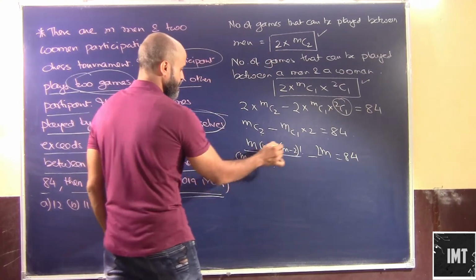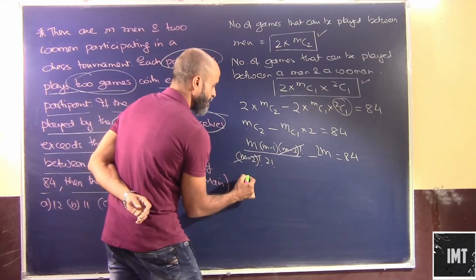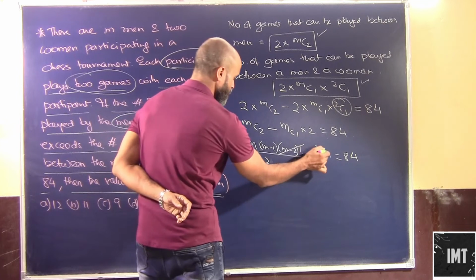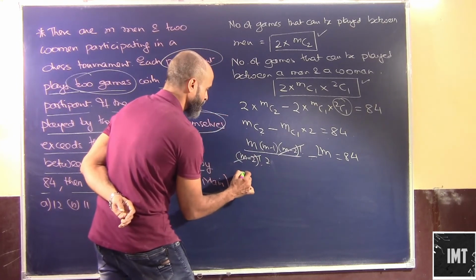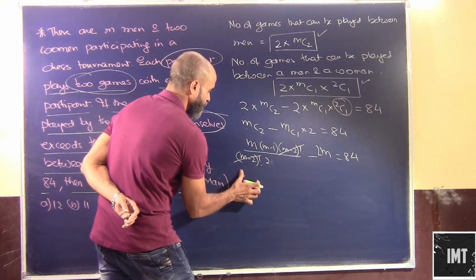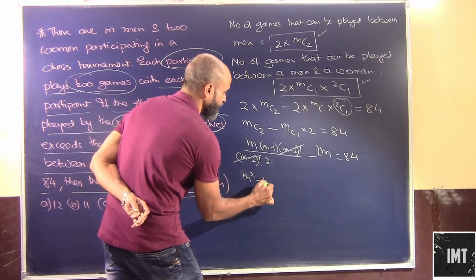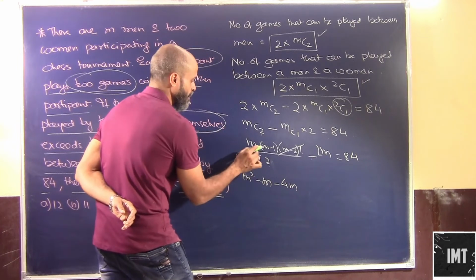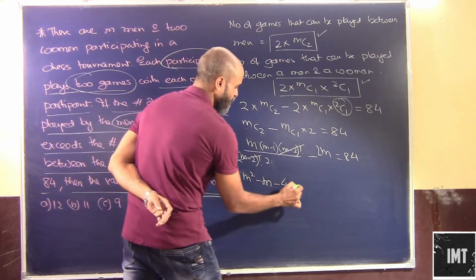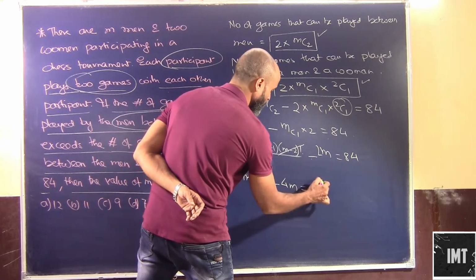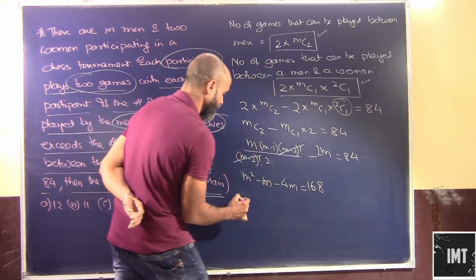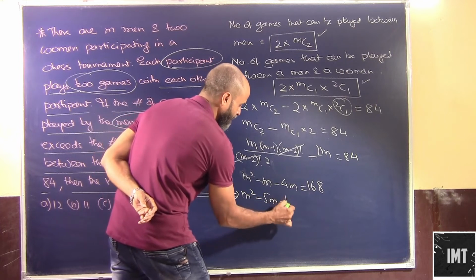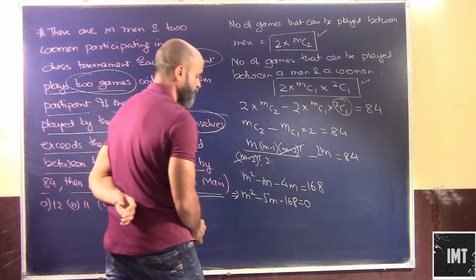This gets cancelled, and this 2 gets multiplied by this. So we have m square minus m minus 4m is equal to 84 into 2, that is 168. So this will be m square minus 5m minus 168 is equal to 0.